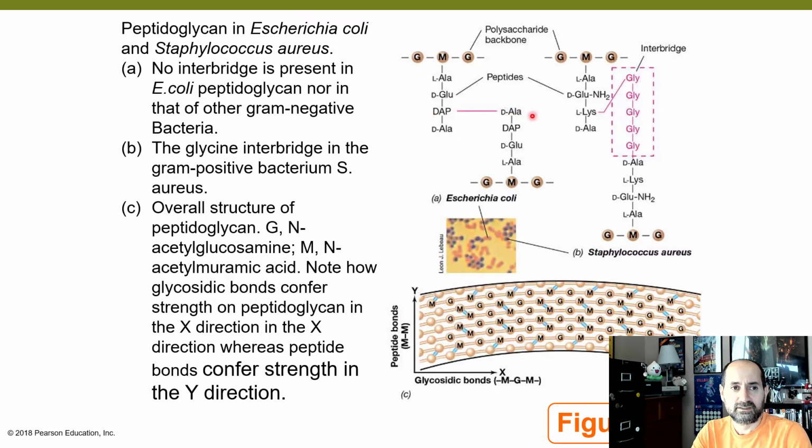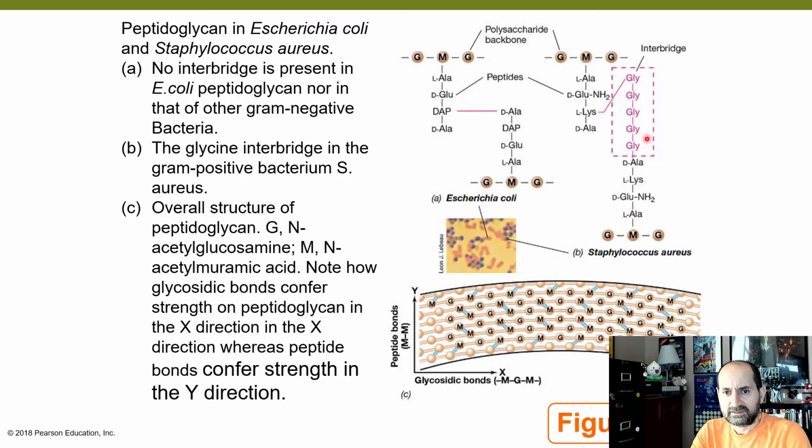It's just a direct linkage. So you can see here no interbridge is present in E. coli peptidoglycan, nor in that of other gram-negative bacteria. So in gram-negative bacteria, DAP will, for example, directly bind to D-alanine. And so this strand of peptidoglycan can directly bind to this strand of peptidoglycan, forming these crosslinks. You see these little crosslinks.